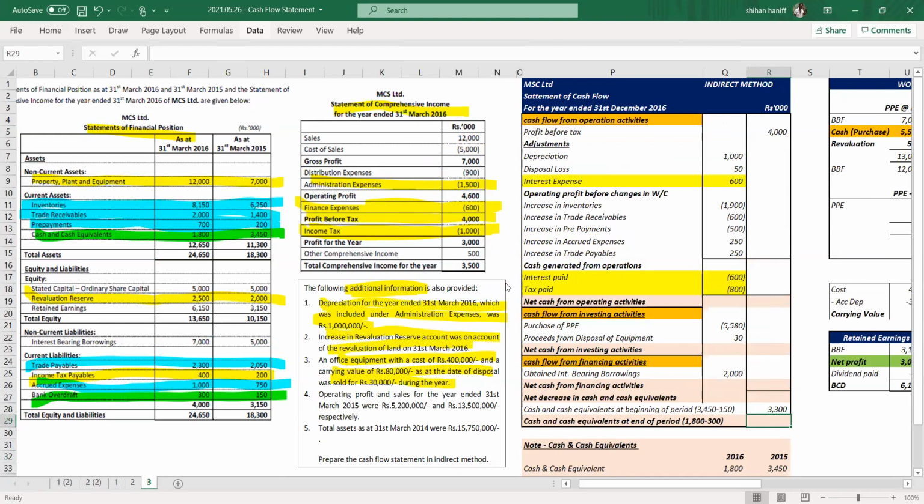You don't need to consider the other things in the income statement because you are starting with profit before tax. So before that, all the transactions we have adjusted. Inventory related adjustments, credit sales, credit purchases, payables, prepayments, all adjusted here. So nothing to do with cost of sales and other distribution and administration expenses.